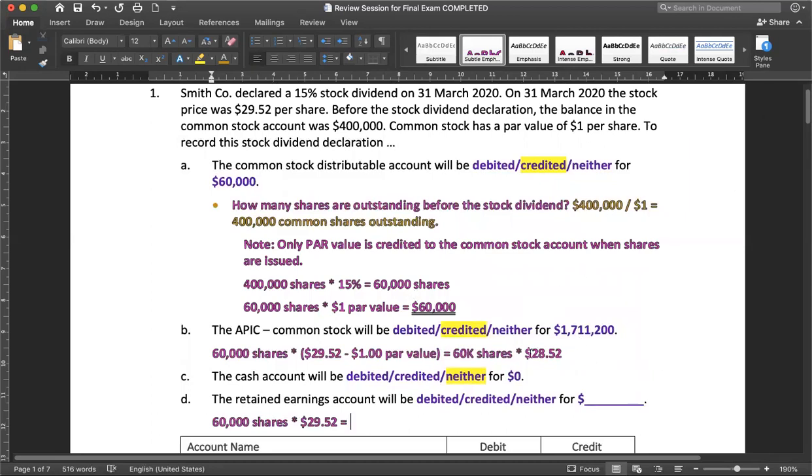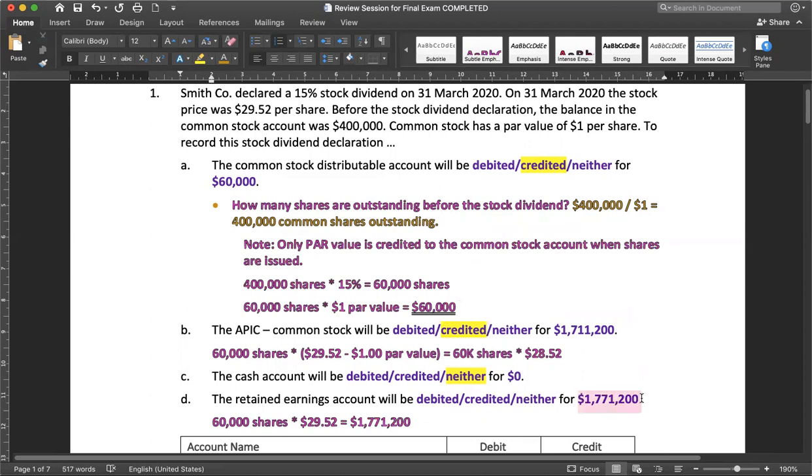Hold on a second here. 60,000 times 29.52. Okay, then this is equal to 1,771,200. So then the answer here is going to be 1,771,200.